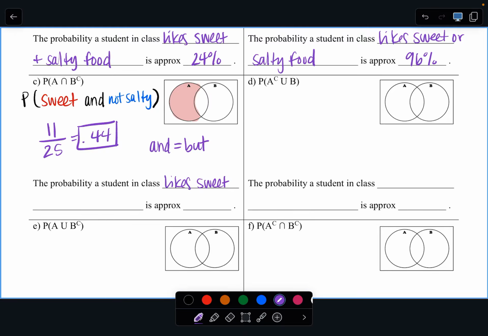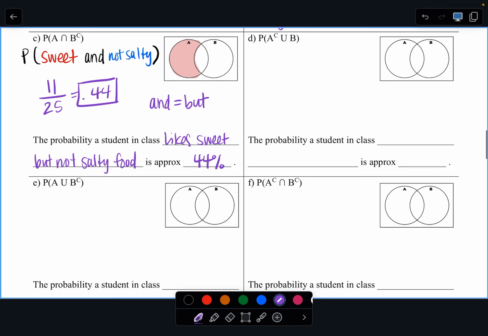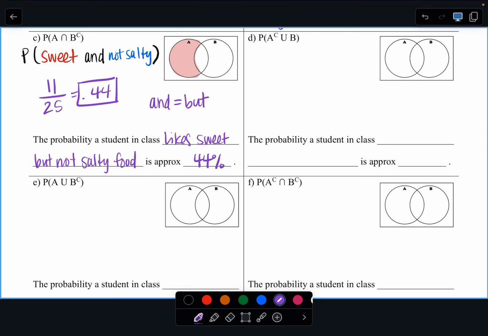I think sentence-wise, kind of rolling off the tongue, it makes more sense to say the probability a student in class likes sweet but not salty food is approximately 44%. Now, if you said and, it's not the end of the world. It makes the same sentence. It's claiming the same thing. It's finding the same probability. The only thing is you don't want to say or.